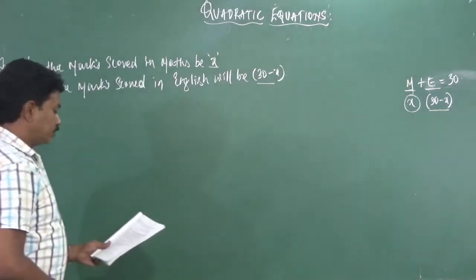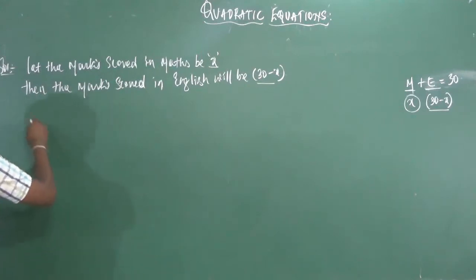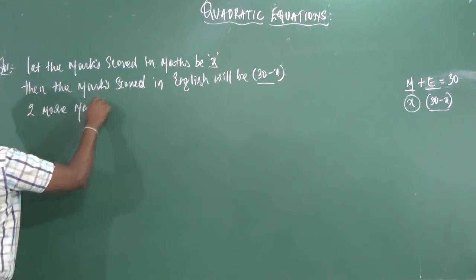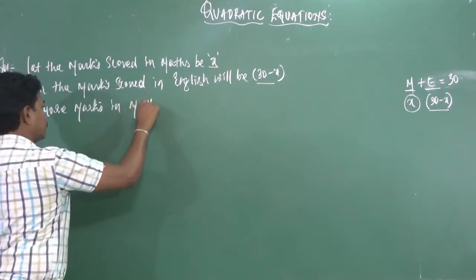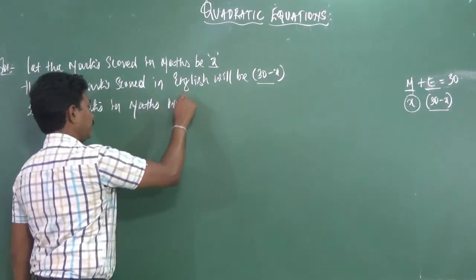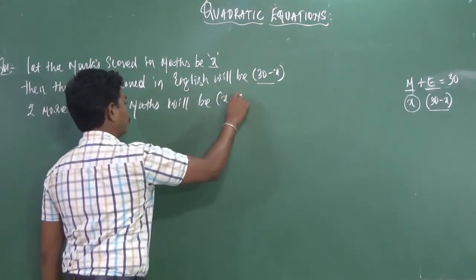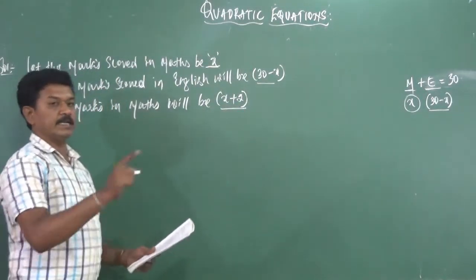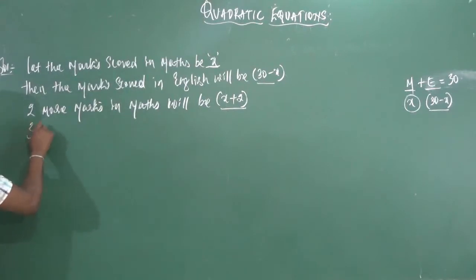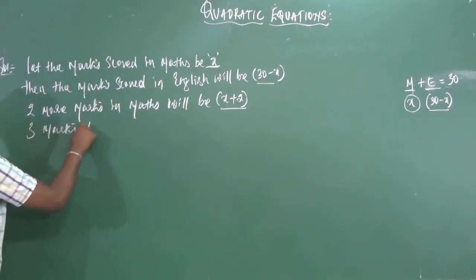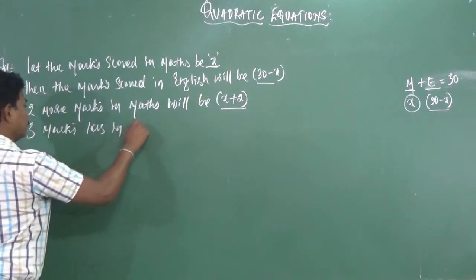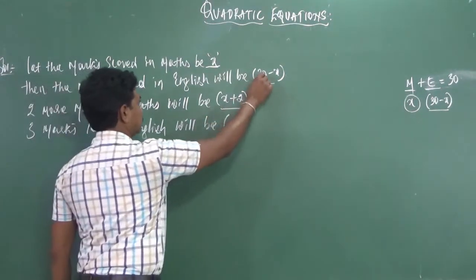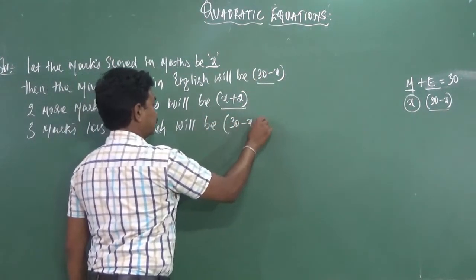So had she got 2 more marks in maths, that will be x plus 2, and 3 marks less in English will be 30 minus x minus 3.